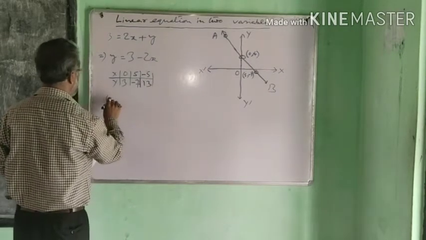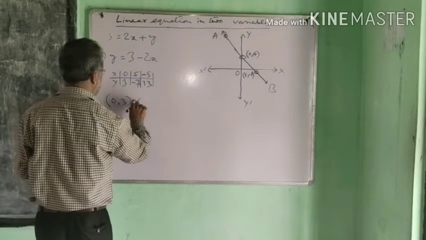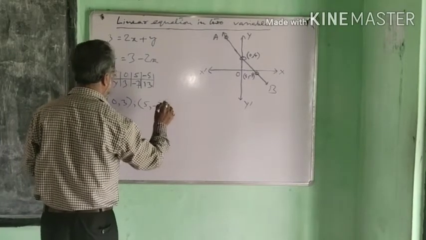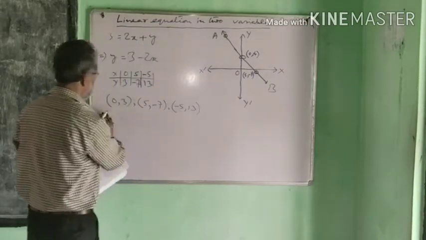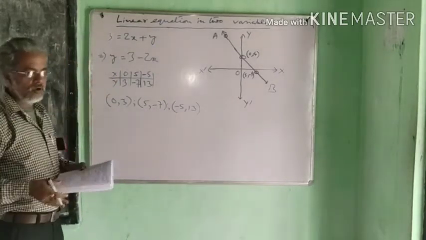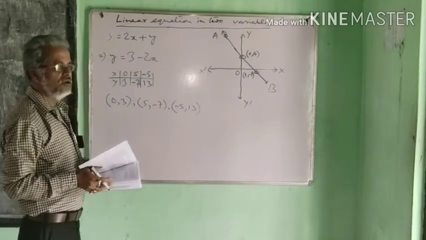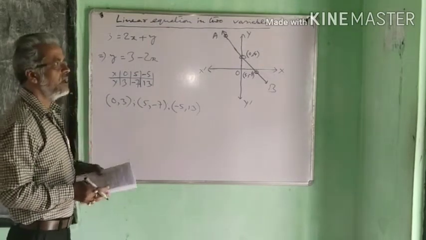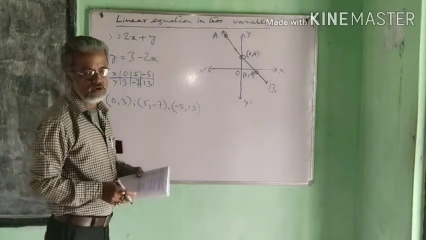Thus we got three solutions, that is three coordinates: 0, 3; 5, minus 7; and minus 5, 13. If we plot these points on a coordinate plane and join them by a ruler, again we will get a straight line. Thus any linear equation in two variables can be solved in this manner and the graph of the same can be drawn.